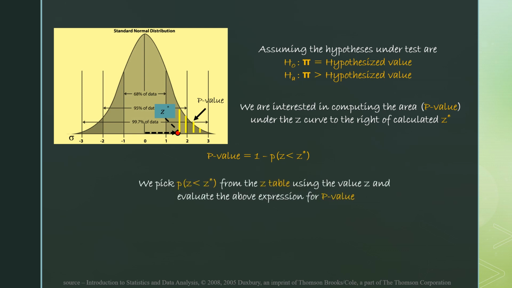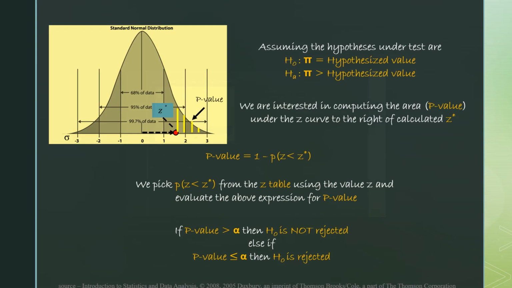We pick the probability of z taking a value less than z star from the z table using the value of z. Refer to previous lectures on the z table for this, and evaluate the above expression for the p-value. If the p-value is greater than alpha, then H0 is not rejected. Else if the p-value is less than or equal to alpha, then H0 is rejected.